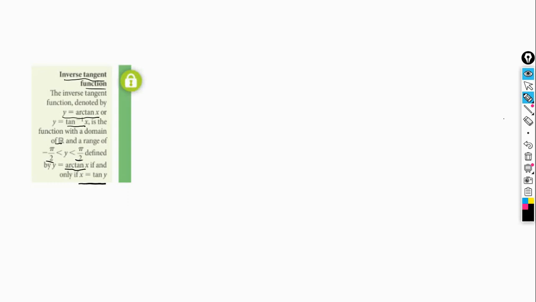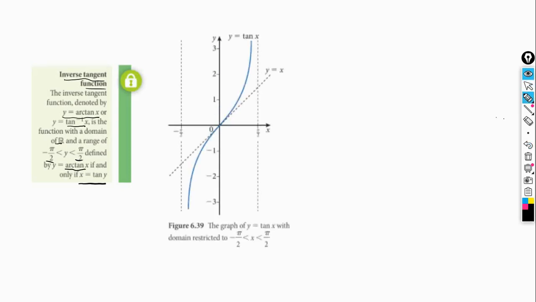So let's take a look at the graph of tangent with this restricted domain. The domain is restricted from -pi halves to pi halves, not including -pi halves and pi halves. Why? Well, because that's where the function becomes undefined, and therefore it has vertical asymptotes. Notice that, interestingly, the range of tangent is all real numbers.